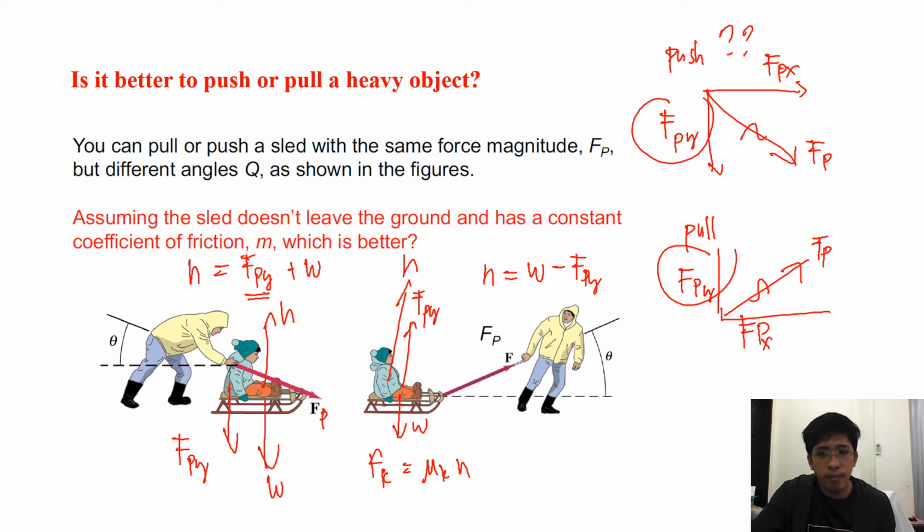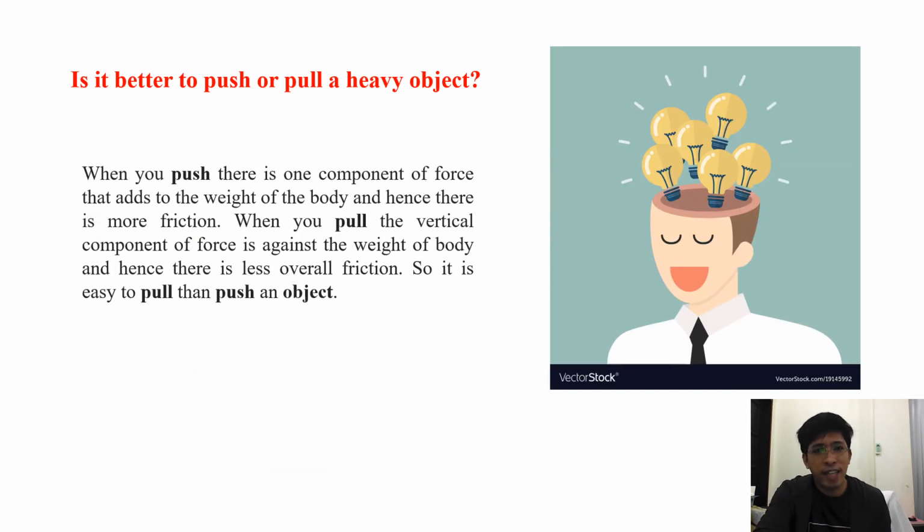Thus, it has a lesser normal force compared to when pushing your object or your sled. So from that, when you push, there is one component of force that adds to the weight of the body, and hence there is more friction. When you pull, the vertical component of force is against the weight of the body, and hence there is less overall friction. So it is easier to pull than push an object.